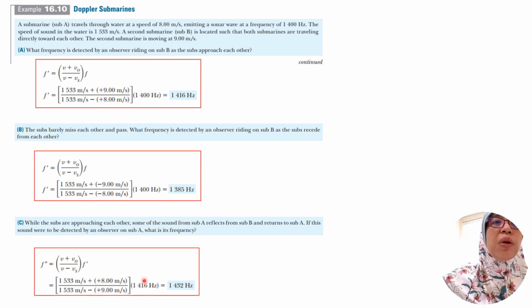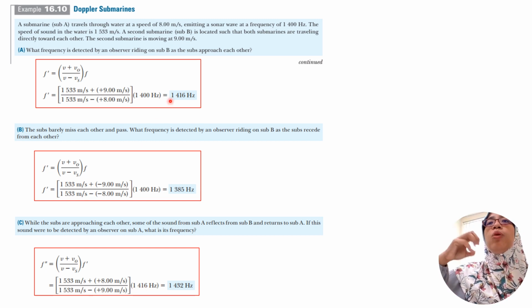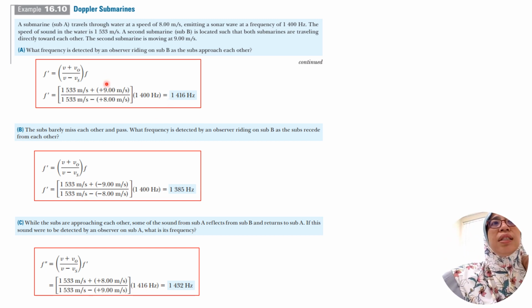Secondly, the source that we are talking about is the one that B first heard. From the first case, when A emits sound, B receives it at a frequency of 1416. And then 1416 is reflected back to A. So 1416 becomes the source. Then solve it and you get this as the answer.